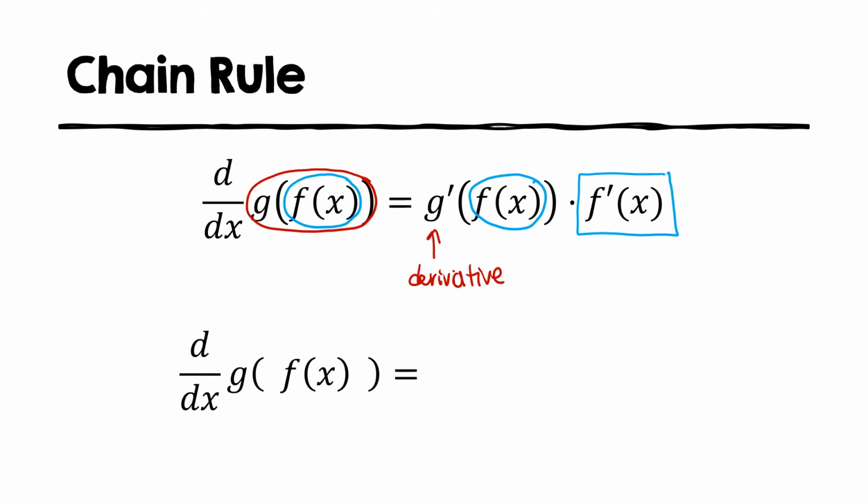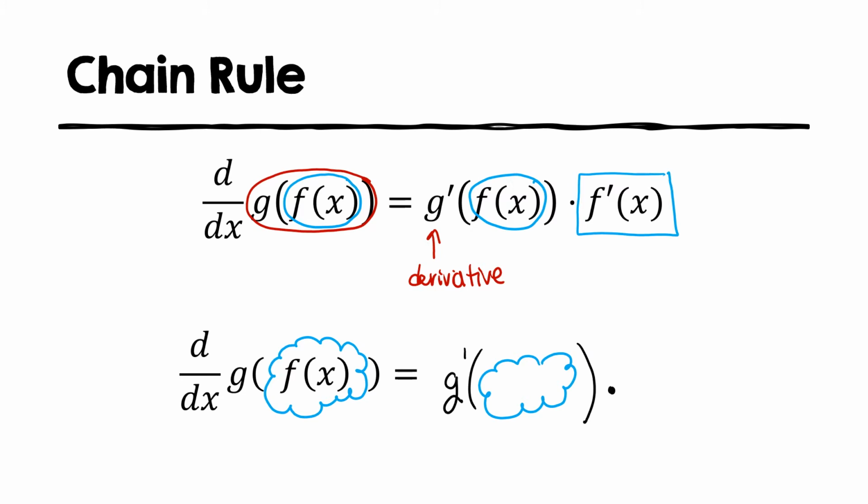And one way to think of this is if you have the derivative with respect to x of g of f of x, we can think of it as a cloud. So we have g of something, and that'll be equal to g prime, with that something still there, times the derivative with respect to x of whatever that something is.